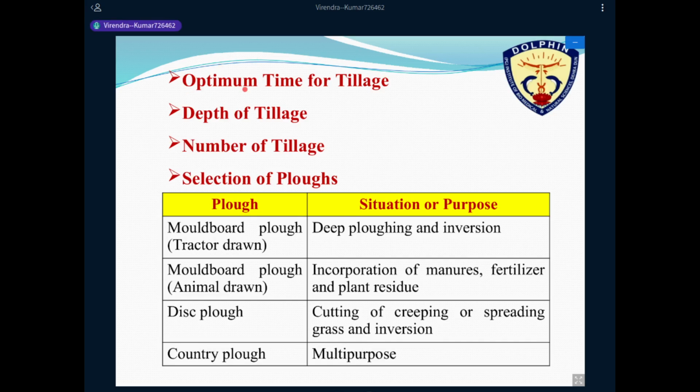If your soil is too wet, it is also very difficult to conduct tillage, because at the time of wet condition, your soil particles mostly stick with the plow shares. At that time it takes more energy, and there is difficulty in drawing the plows in the field, and after drying they make a hard pan beneath the shares.